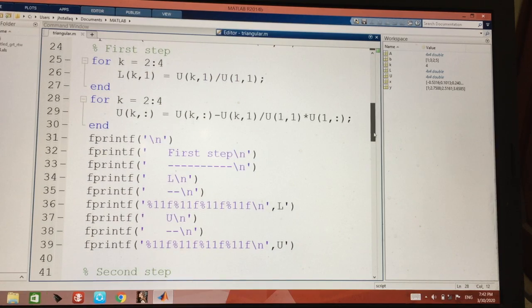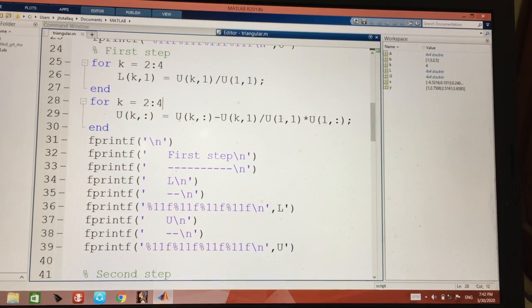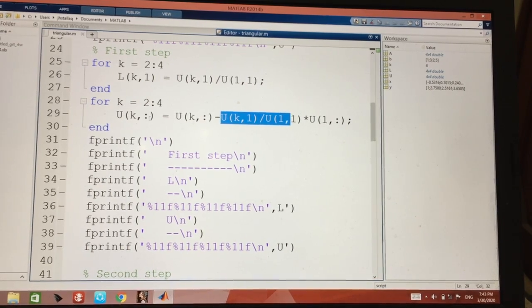How do we modify the upper triangular matrix? We subtract from the same row. So 2 to 4, when you start at 2, it means what is row 2? All the elements of the upper row 2 are equal to row 2 minus row 1 times this factor, which is U21 divided by U11, the first element in here. And we repeat it. According to this, we finalize the first step and we print it.